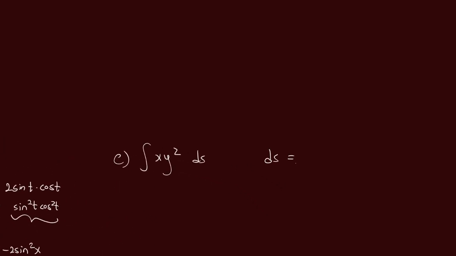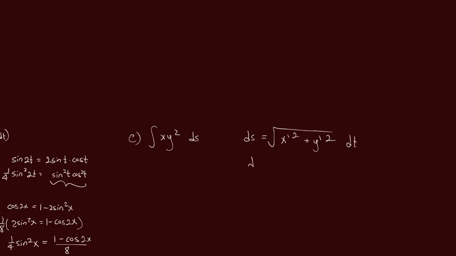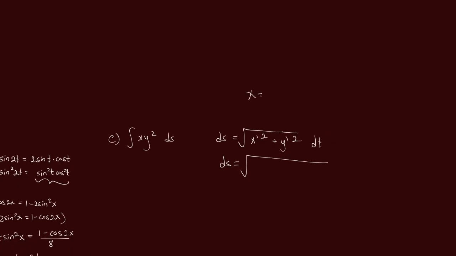So ds will pretty much be equal to the square root of the derivative of x to the power of 2 plus the derivative of y to the power of 2, dt at the end. Okay, so we know x is equal to 4 cos t, y is equal to 4 sin t.